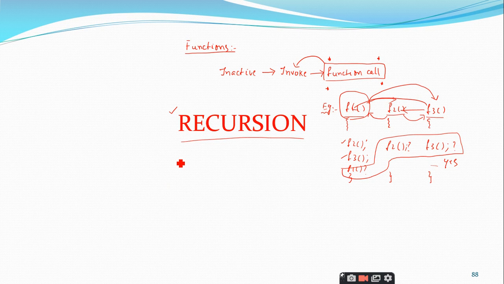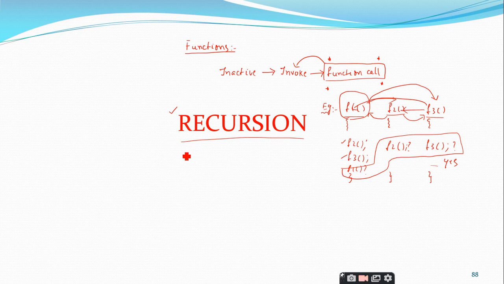Please concentrate. Recursion is a very, very important topic. You will write a lot of programs related to this concept called recursion. So if somebody asks you what you mean by recursion, it is a process where a function calls itself.